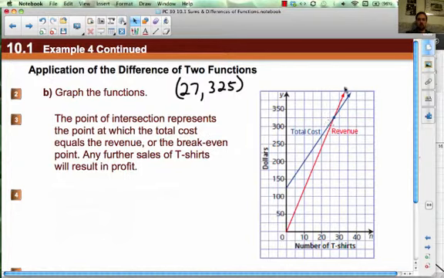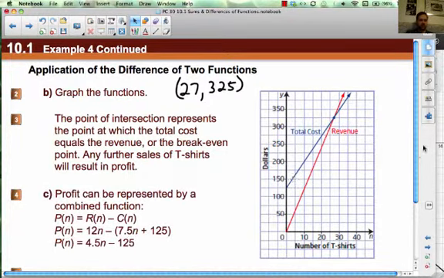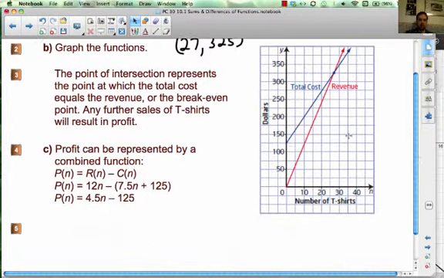So anything above that, you'll notice that the revenue line, the red line, because it has a steeper slope, because they were selling the t-shirts for $12 and it only cost us $7.50 to make them, everything above this will be considered profit. So profit can be represented by the combined function if we subtract the cost function from the revenue function.